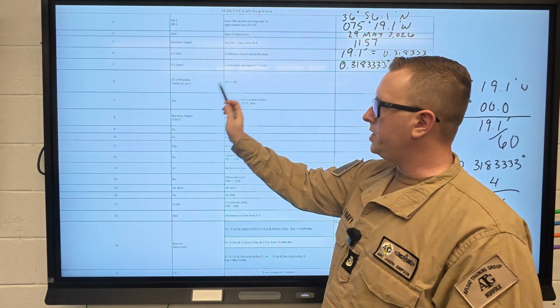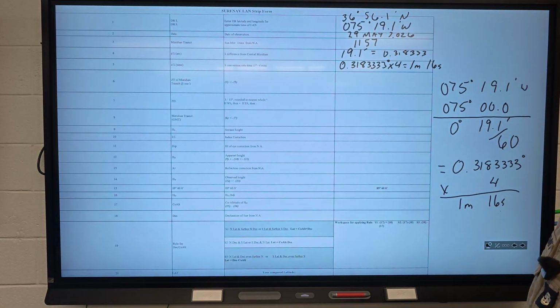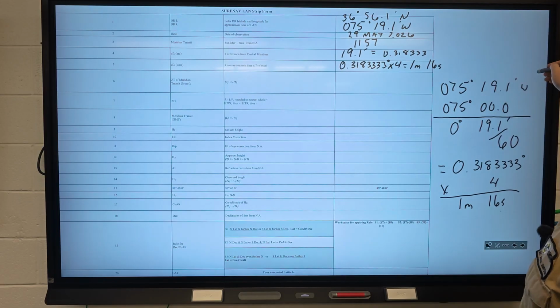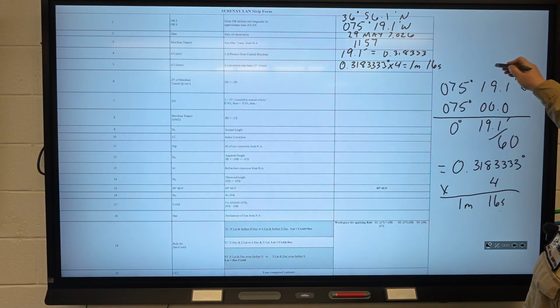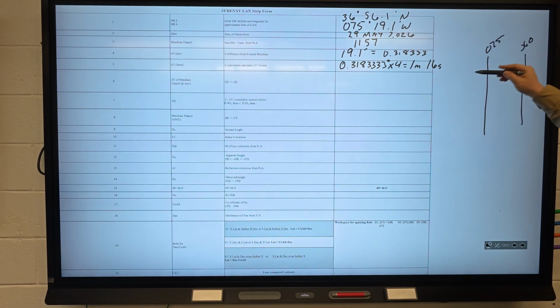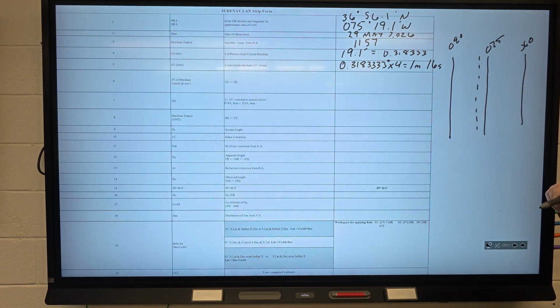Number 6 is simply taking that and adding it together. We're going to use adding because between the 2 meridians that we used, just to draw it out for you, 075, 060, 090, our meridian is over close to there.